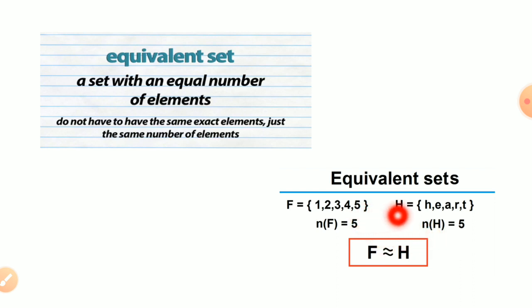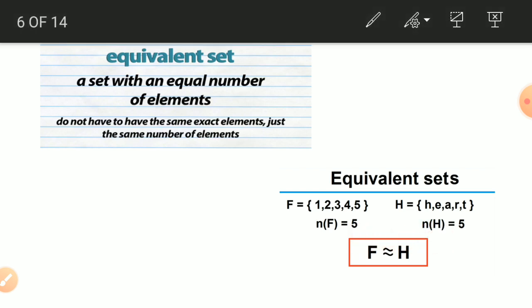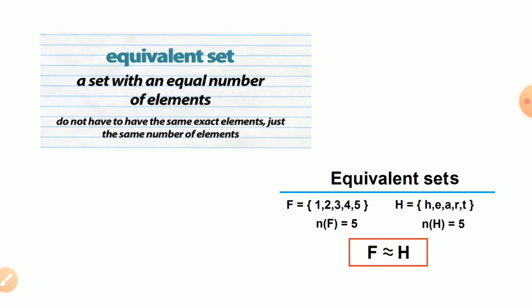Elements are different, it doesn't matter, but the number of elements is the same. So we will say set F and set H are equivalent sets. Only the number of elements should be the same.